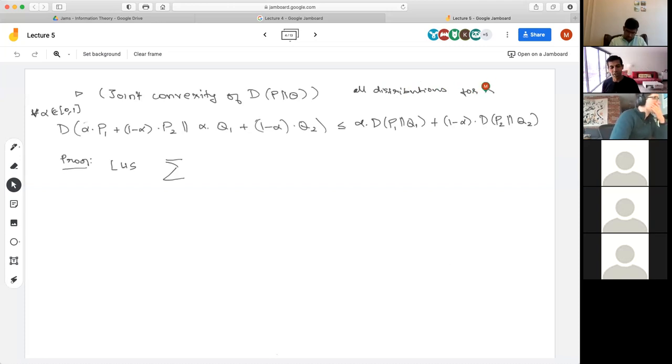Everything has to be for the same random variable because that's how KL divergence is defined. And as usual, we can sum over all values.